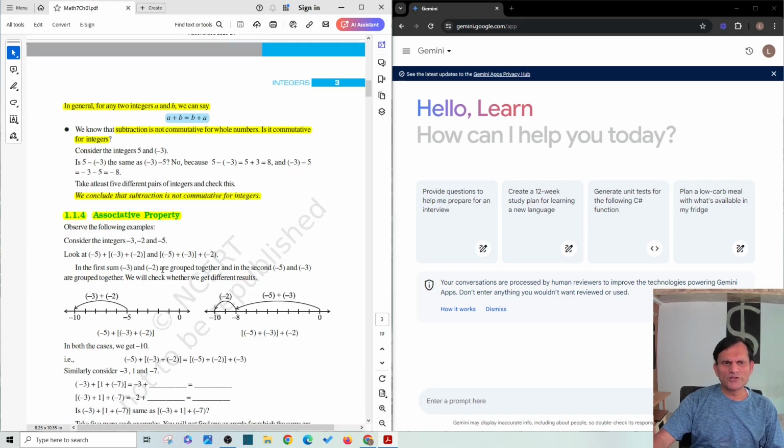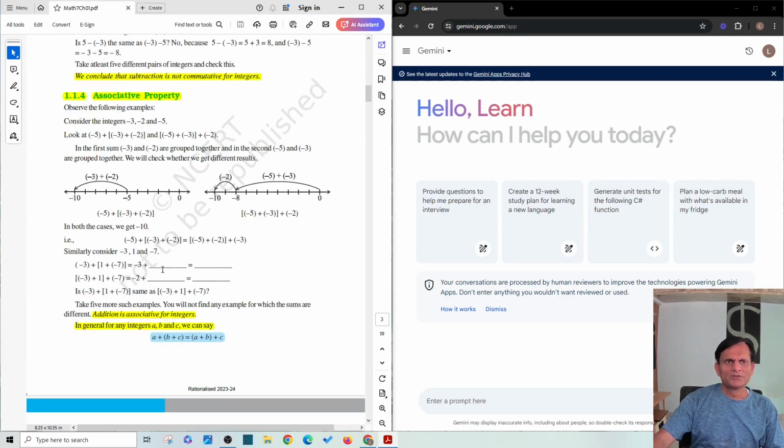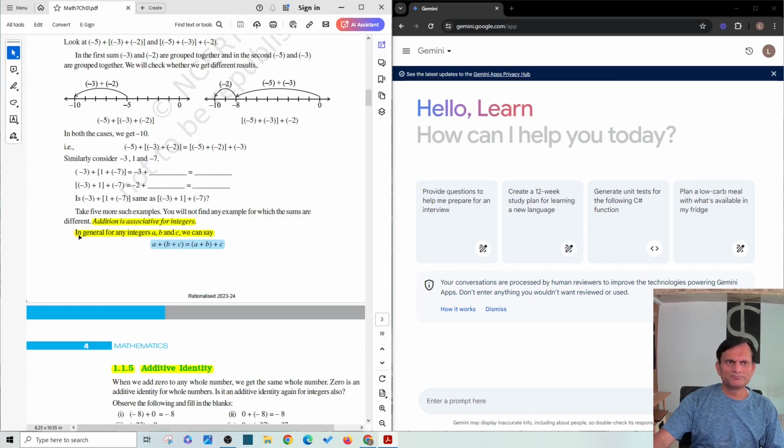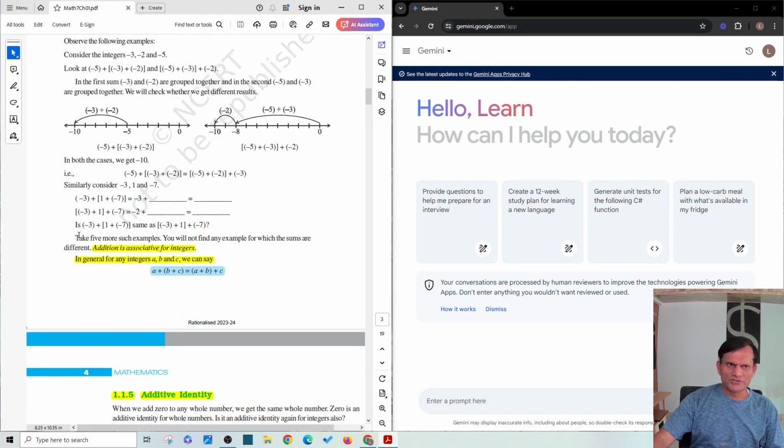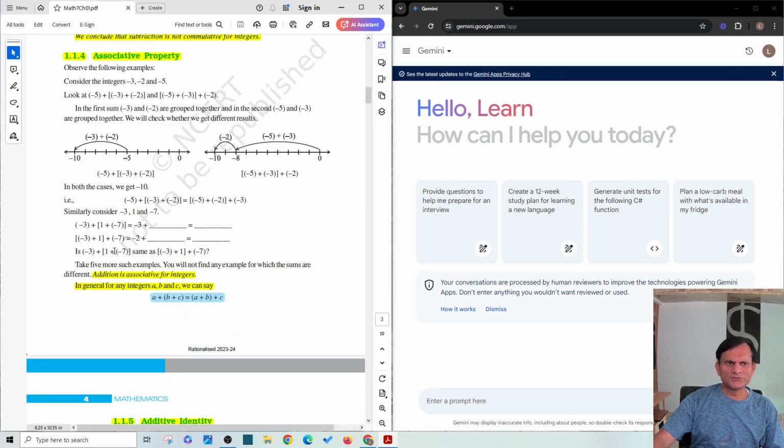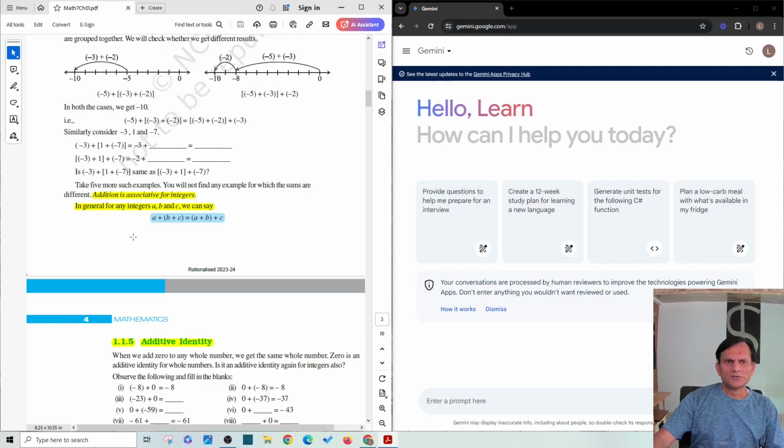Now, associative property. What is associative? Associative means suppose you have three integers a, b and c. Suppose we are doing a plus b plus c. First we do b plus c, and if we group it as a plus b first and then plus c, we get the same result.